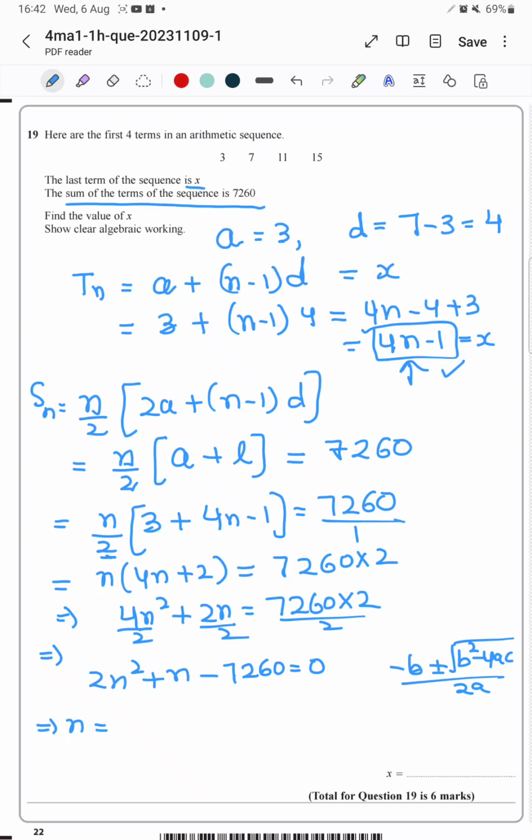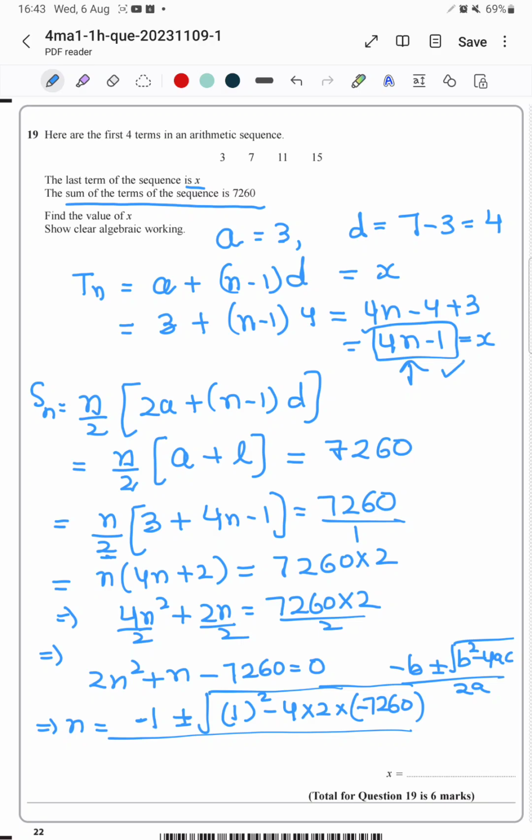Now the first thing is, because n represents the number of terms, it cannot be negative. So if I substitute the values, b is minus 1, so minus b is 1, plus or minus the square root of b squared, which is 1 squared, minus 4 times 2 times negative 7260. In the calculator, please write down the values properly, and divide by 2a, so 2 times 2, which is 4.